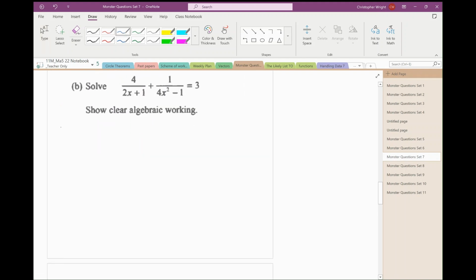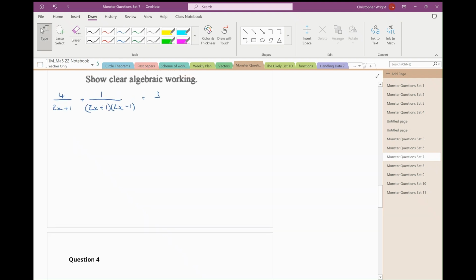Okay, well, let's start off by rewriting it using what we've just worked out in section A. Factorize the denominator of that fraction. Okay, right. Well, you can do this in several ways.